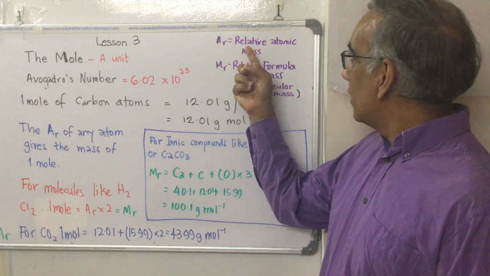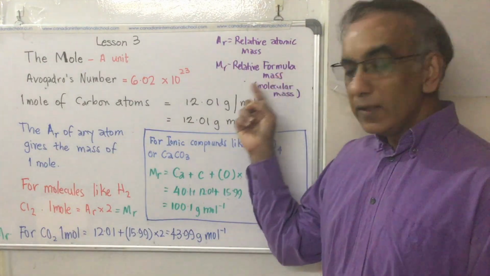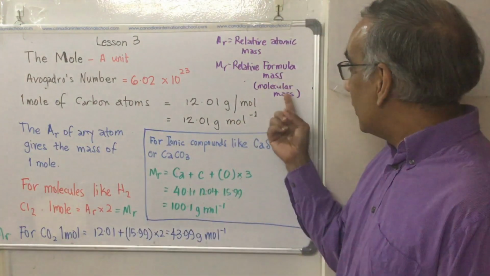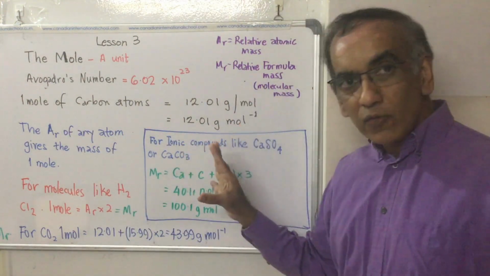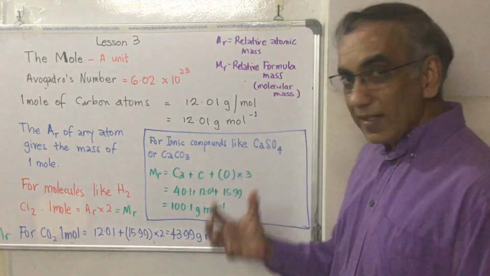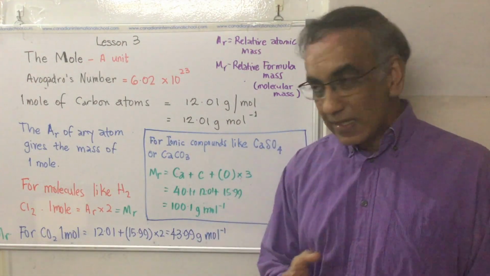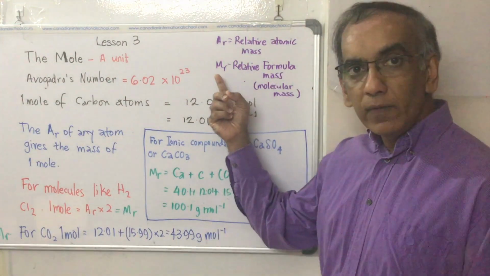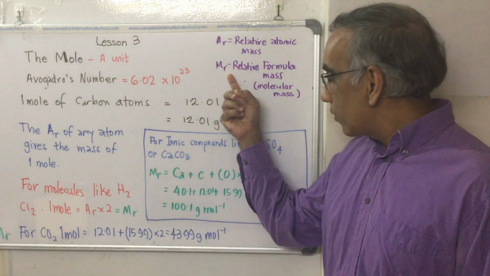A subscript R, relative atomic mass. When we're dealing with molecules, we say relative molecular mass. And when we're dealing with something that doesn't really exist as a molecule, like an ionic compound, which exists as something called a crystal lattice, then we would use the term formula mass, but the same abbreviation, M subscript R.